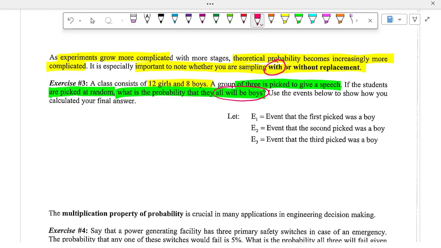No. So this is definitely a without replacement scenario. That's just something to think about. First off, how many students do I have total? 20. So I have 20 students total.